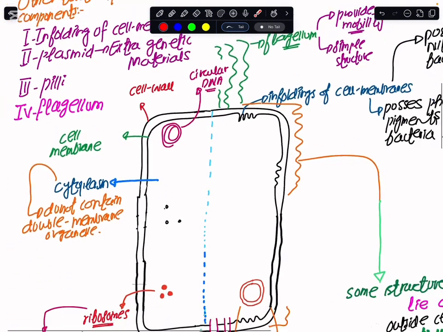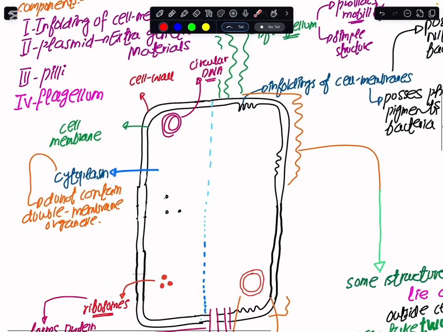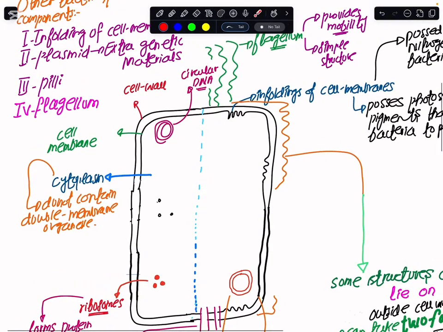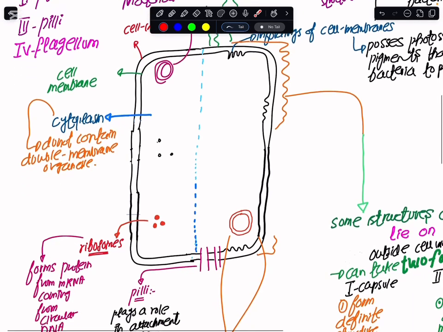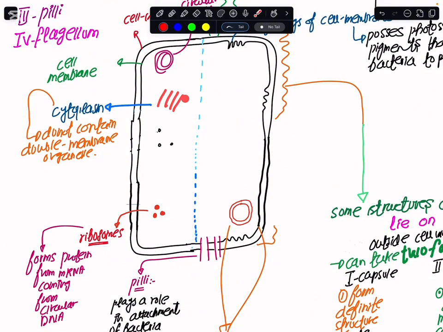Now, I would quickly take you through the structure of this bacterium that I have drawn for you. Here you see their cell wall, then their cell membrane, and then the presence of the circular DNA, and the place where the circular DNA lies is termed the nucleoid. Moving onward, here is their cytoplasm, and they have these ribosomes. These are the characteristics that would be available in all the bacteria.